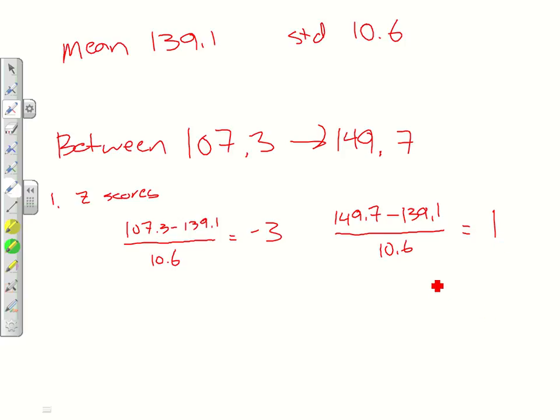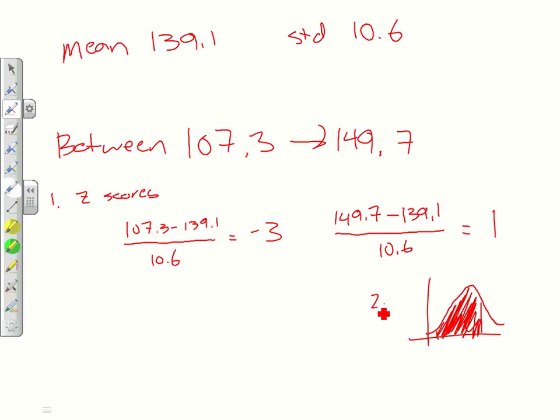Well, we could actually have done this just with our knowledge of the empirical rule. But let's see what it'll look like. Between -3 and 1 will be this area here. Fairly substantial. We shouldn't be talking about a small percentage. I'm thinking 80s, maybe 90s, probably 80s.